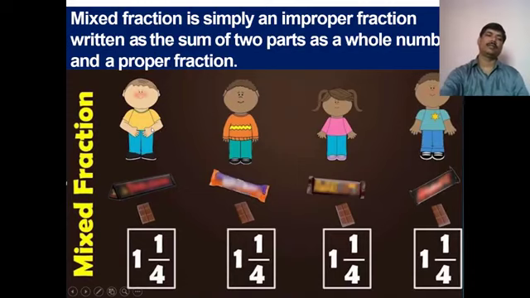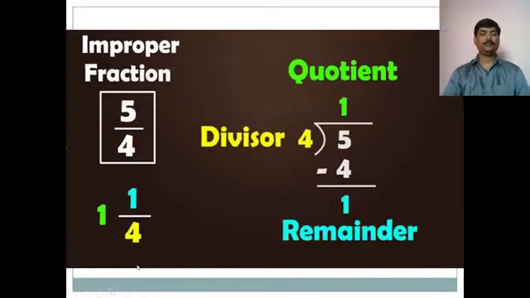Or we can say that a mixed fraction is another form of the improper fraction, in which the first part is the whole number and the second part is the proper fraction. So it is a combination of two parts, the whole part and the proper fraction part. As you are seeing here, these rectangles are examples of mixed fractions.